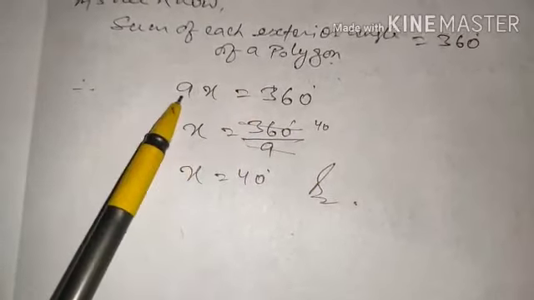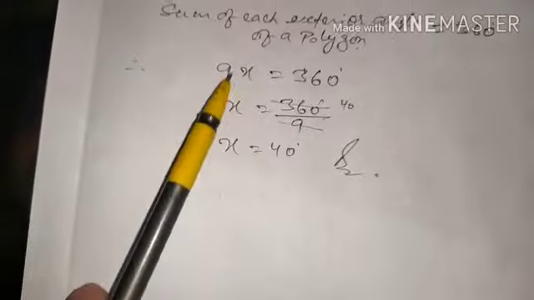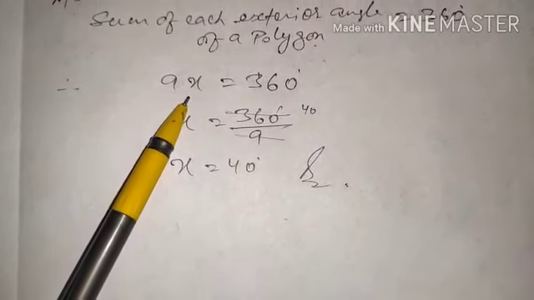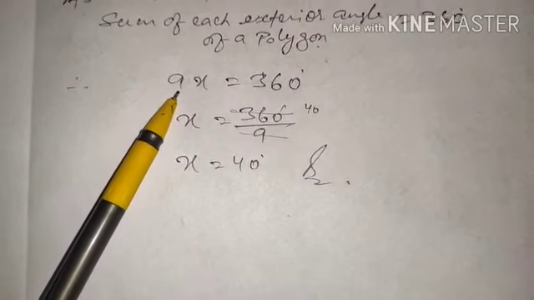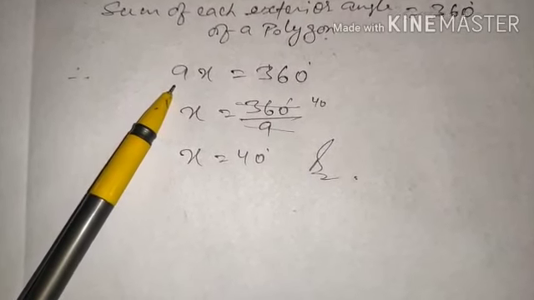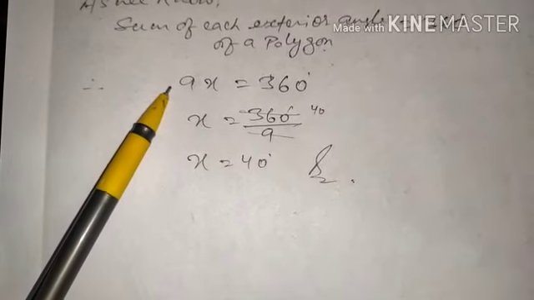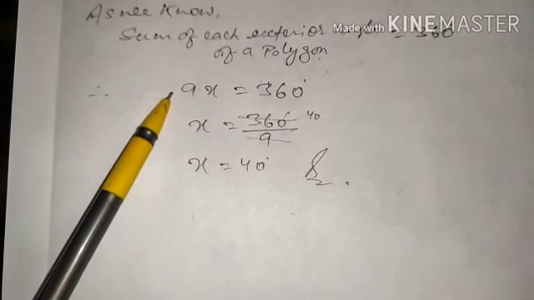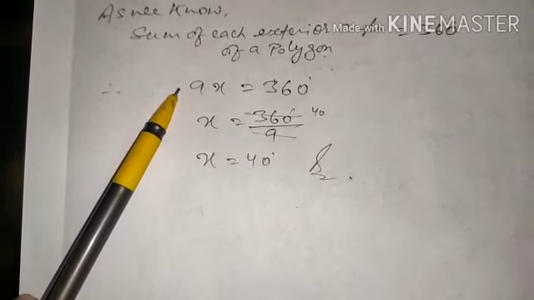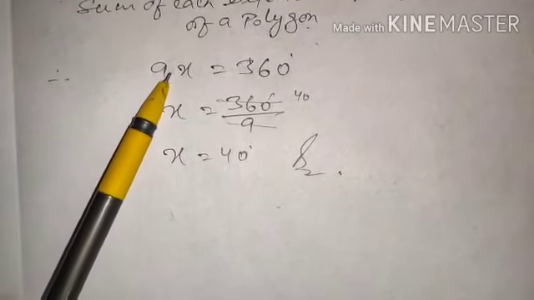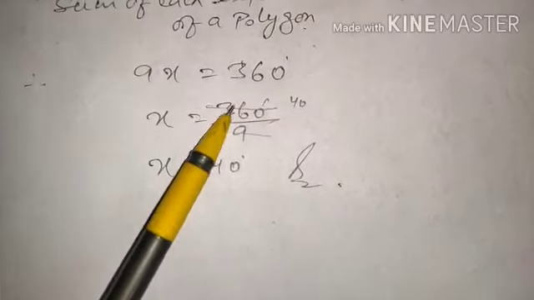In a regular polygon, each exterior angle value is the same, and there are as many exterior angles as sides. So 9 sides means 9 exterior angles. One measures x and all are equal, so 9 angles will measure 9x, that is x plus x plus x, 9 times. So 9x is equal to 360.